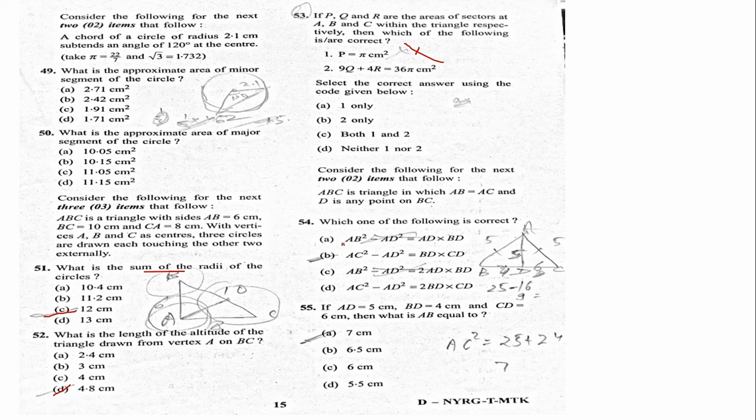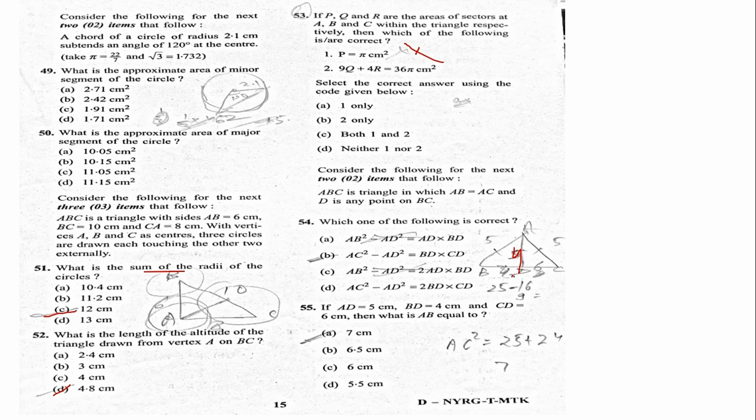Now proceed to the 54th question. Here you can learn something: by putting in values, we can get the answer if we are not getting it directly. ABC is any triangle with AB and AC equal. D is any point, so we can consider it as a right angle triangle as well.